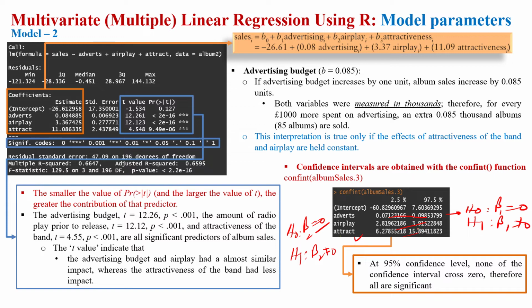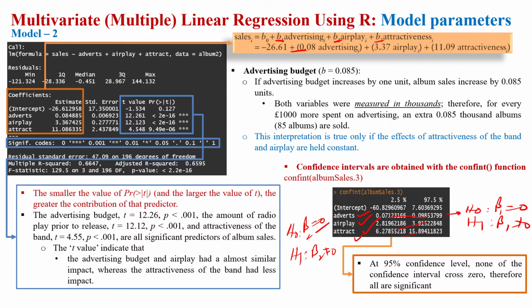So we can easily say that we should reject h naught in all three cases, which means advertisement expenditure, or you can say advertisement budget, has a significant effect on the sales. Similarly, airplay has a significant effect on the sales. Attractiveness has a significant effect on sales, right? Now, once they have a significant effect, we can check from the values whether these effects are positive or negative.